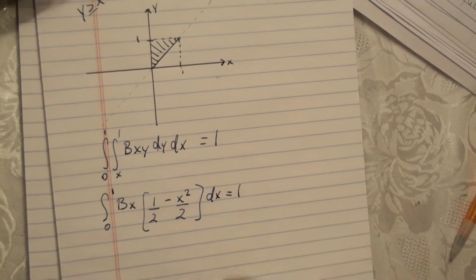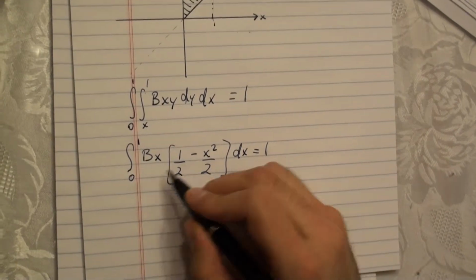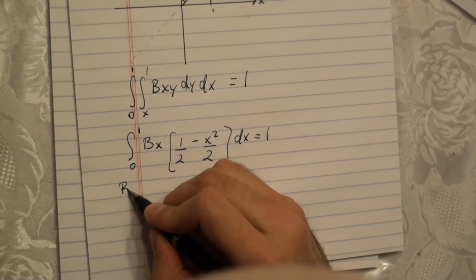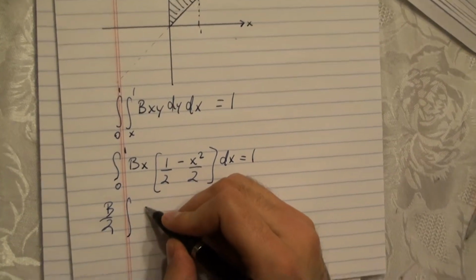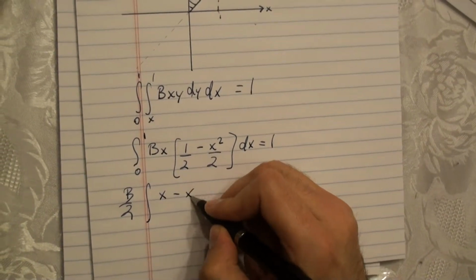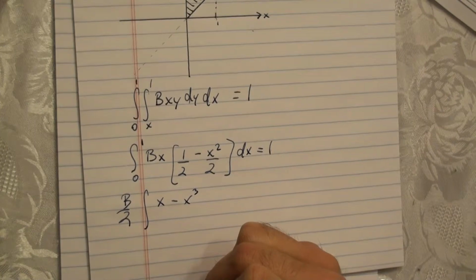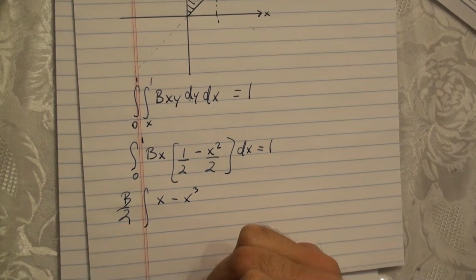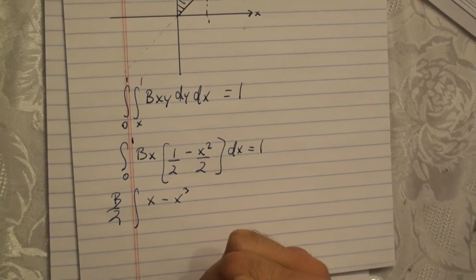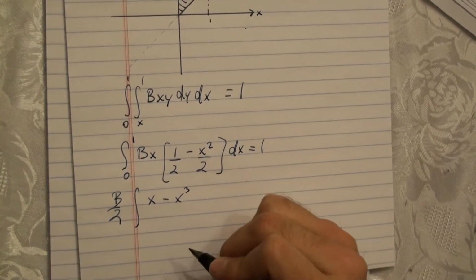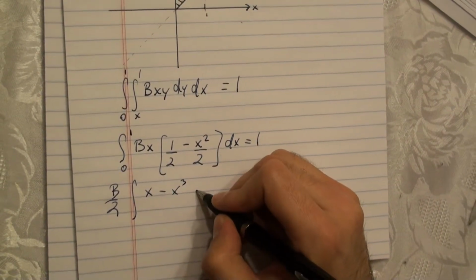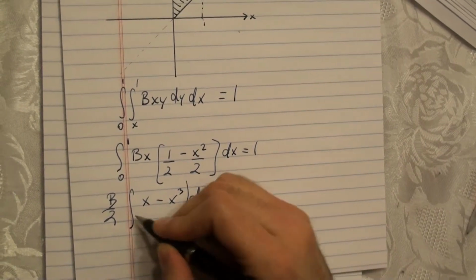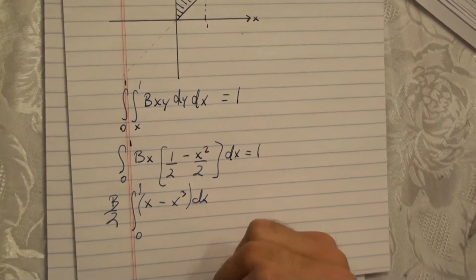This is supposed to be equal to 1. So we can take the 1/2 and the b common factor out. Now we have an integral of x minus x cubed, because x comes in here, dx from 0 to 1.